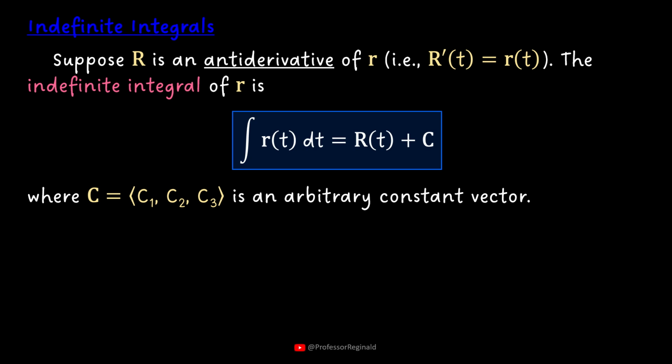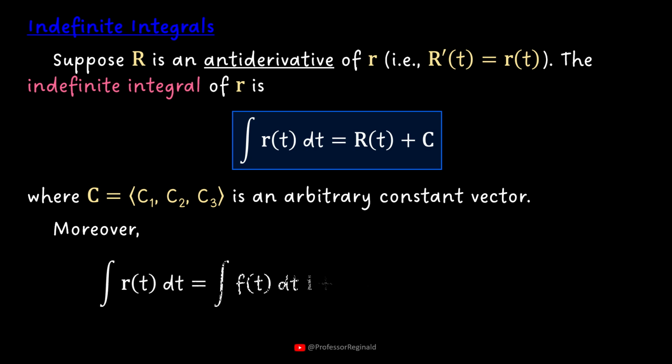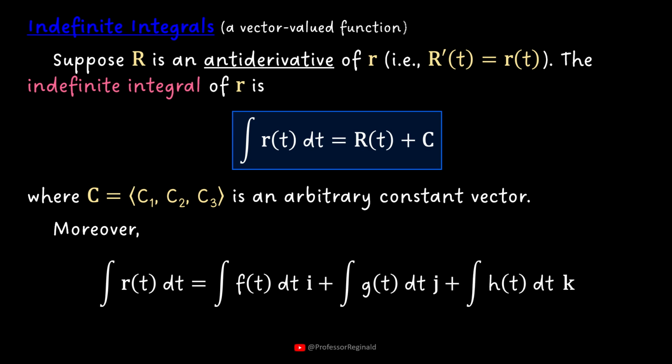Recall from our previous discussion that the derivative of a vector-valued function is the derivative of the component functions. Hence, the indefinite integral of a vector-valued function is the indefinite integral of the component functions, and it is also a vector-valued function.